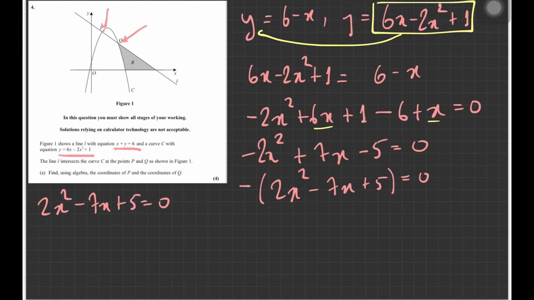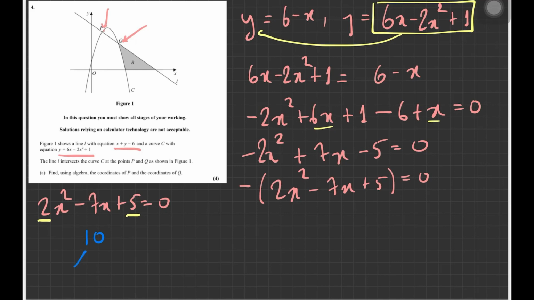Now, for us to proceed with this, we need to factorize this equation. Everyone has different ways of doing it, but what I do is I first multiply this and this together, which will give me 10, right?